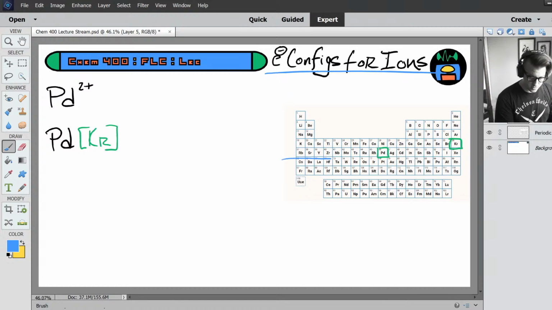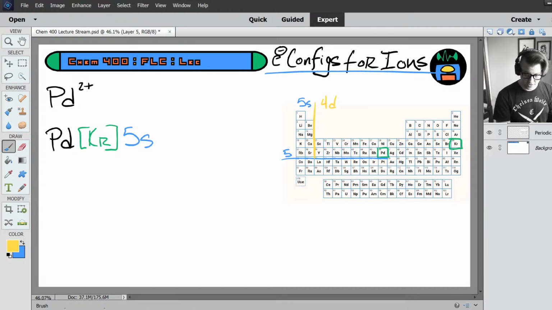Palladium is on the 5th period. So we know we're going to be putting electrons into the 5s subshell. But remember that once you cross from the s block into the d block, you have to drop down a level.